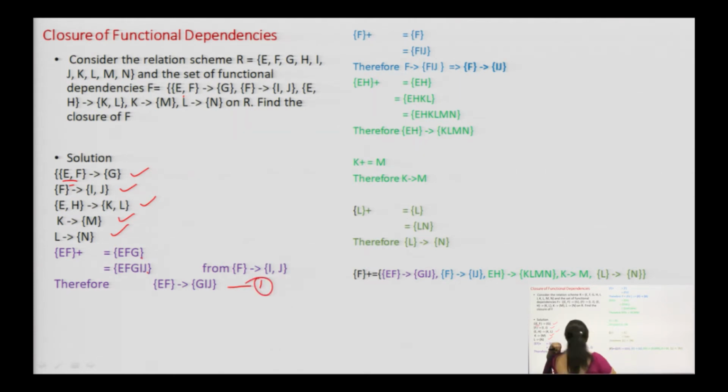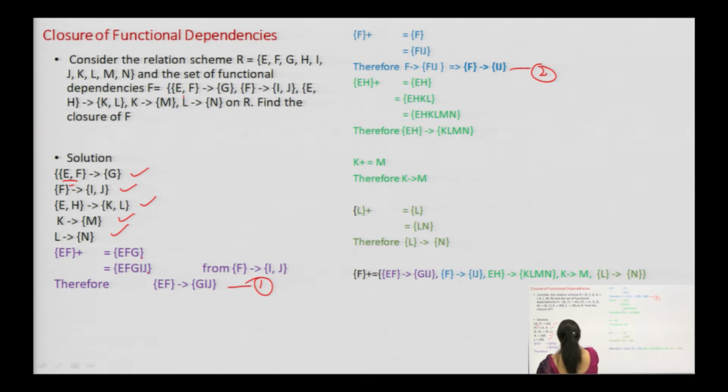Now, let us see the second functional dependency which is given, F to I J. So, the closure of the left hand side F is F I J, from where F determines F I J, which implies that F determines I J, which is 2.